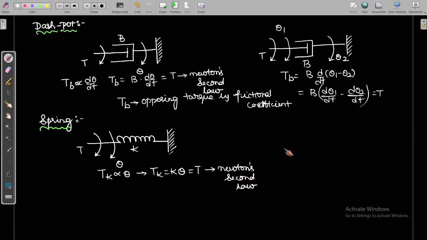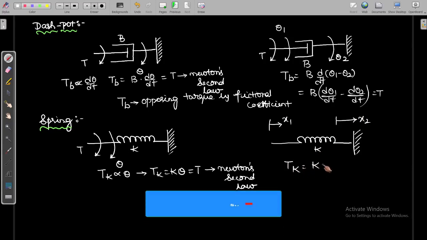Whenever you consider two displacements for the spring, on either side of the spring, we will have x1 and x2 with a constant k. So Tk can be written as k into x1 minus x2.